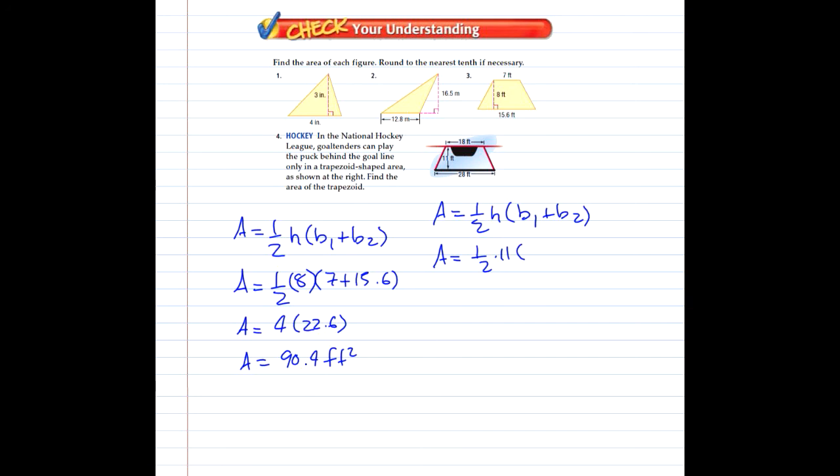B1 plus B2 is 18 plus 28. Area equals 1/2 times 11 times 46. I'm going to use my commutative property and multiply those two numbers together first. So I get 11 times 23. And therefore the area in the problem is 253 square feet.